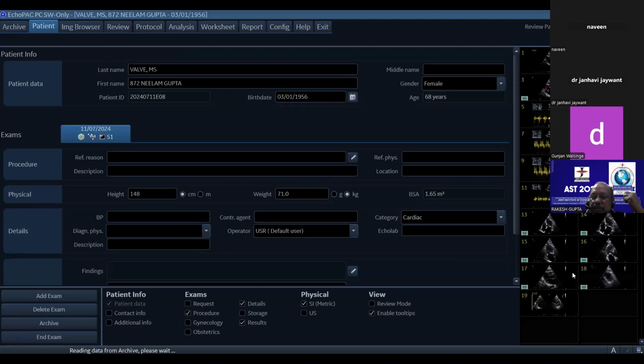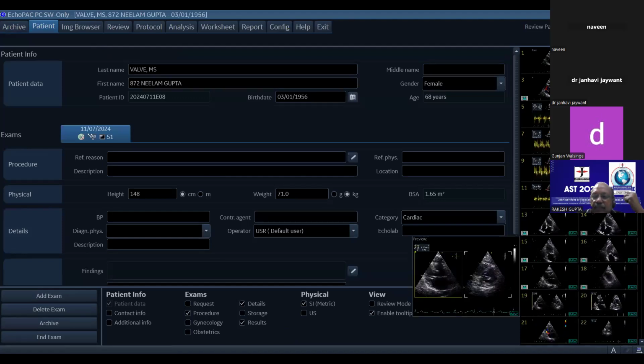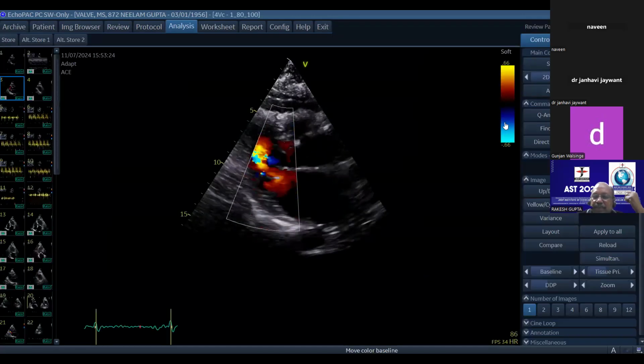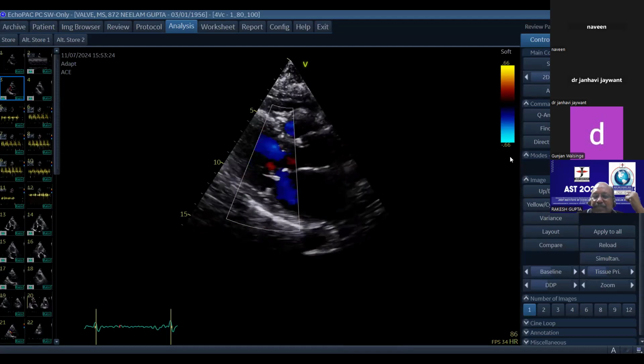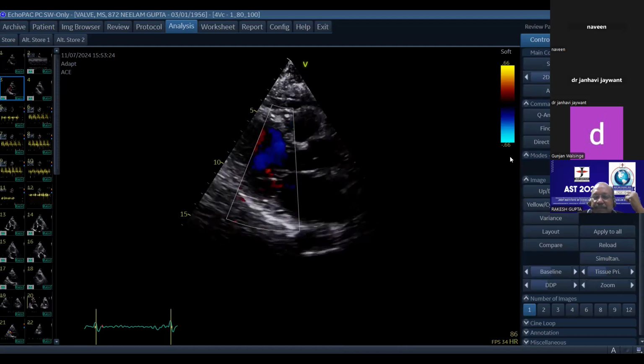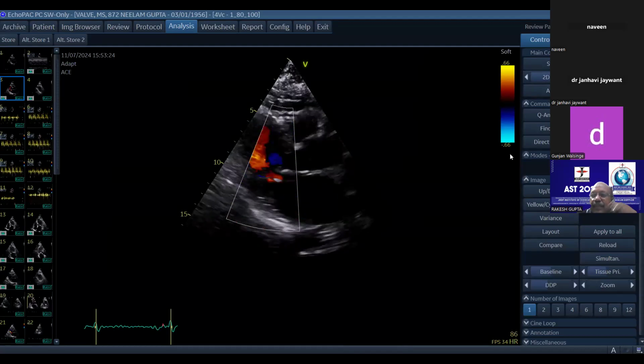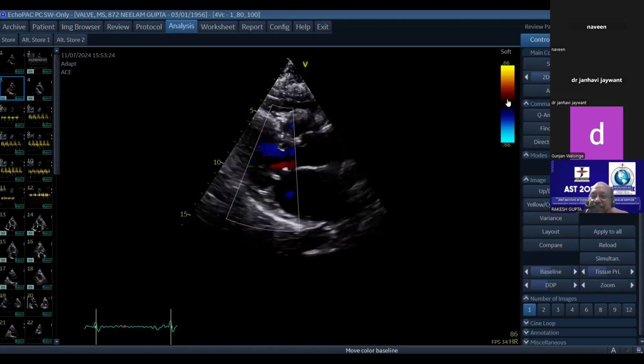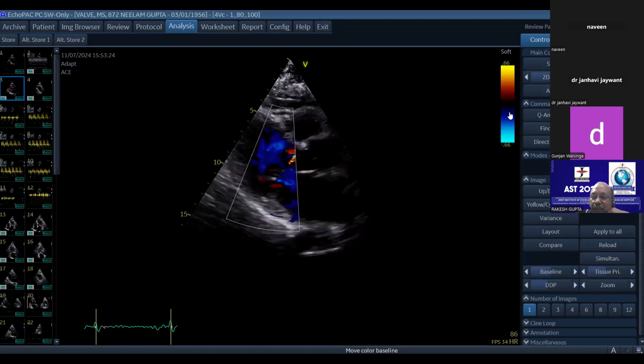So if I'm using some colors, look, this is not a variance map. This is an enhanced map. Can you see this? The colors are changing from red to green, blue to sky blue.